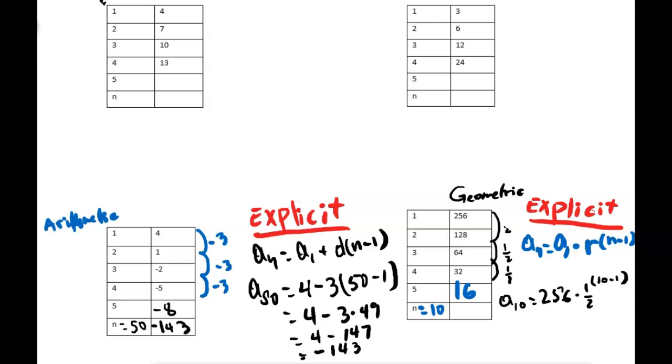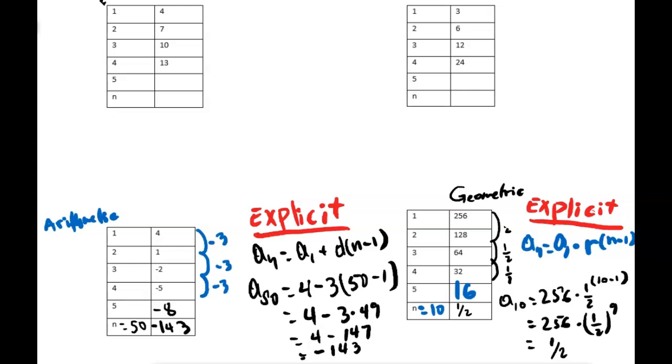So a sub 10 equals 256 times 1/2 raised to the power of 9. Let's see what that gives us. That's equal to 1/2.